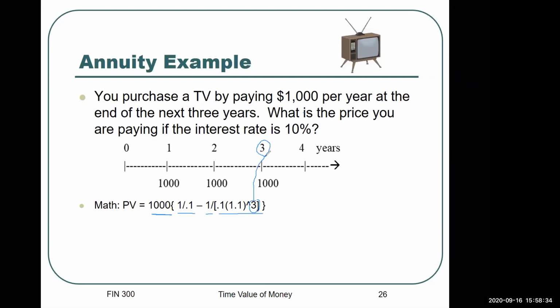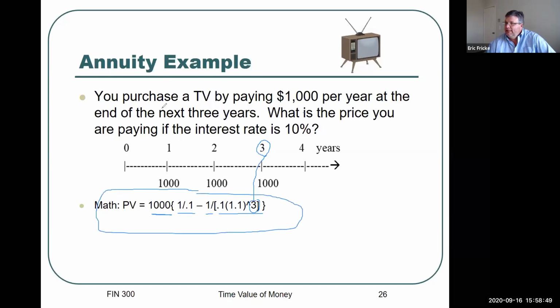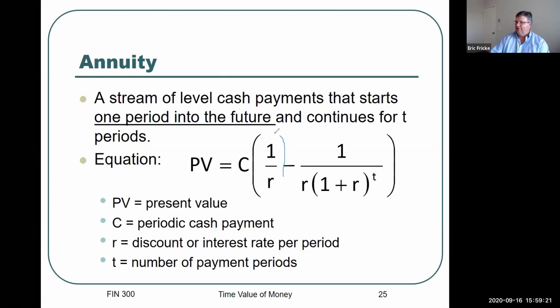Wait, which slide are you talking about? This one, 26, the one I'm on right now. What I'm saying is this equation right here is the annuity formula that we covered on the last slide. What's that 1 over 0.1? The first one is from the formula, that's this 1 over R. When you type things out in text, it's hard to make it look like a pretty equation sometimes.